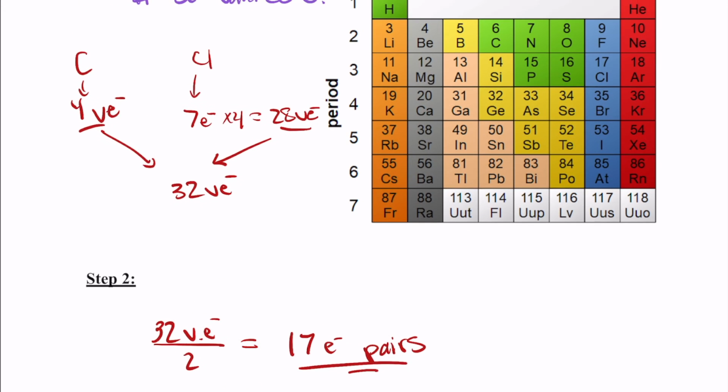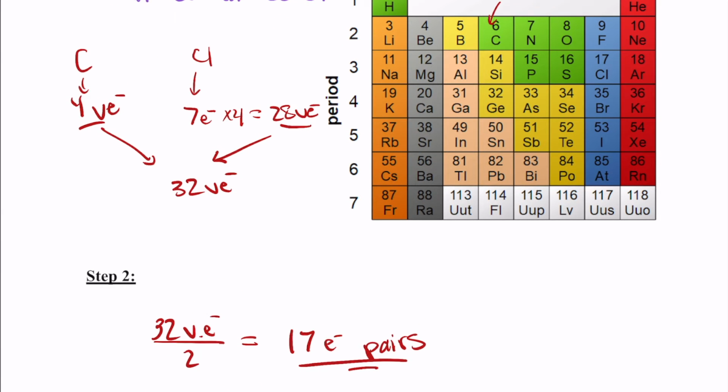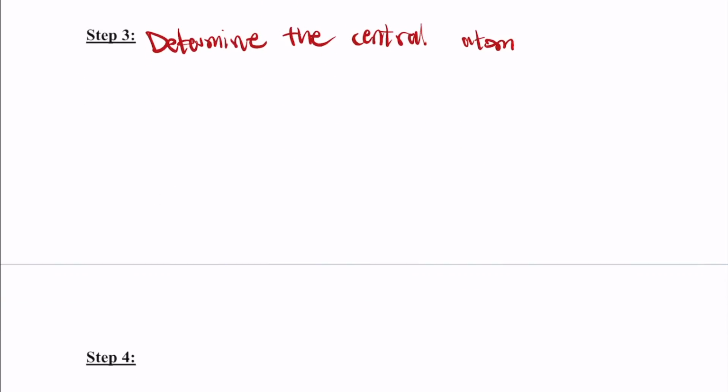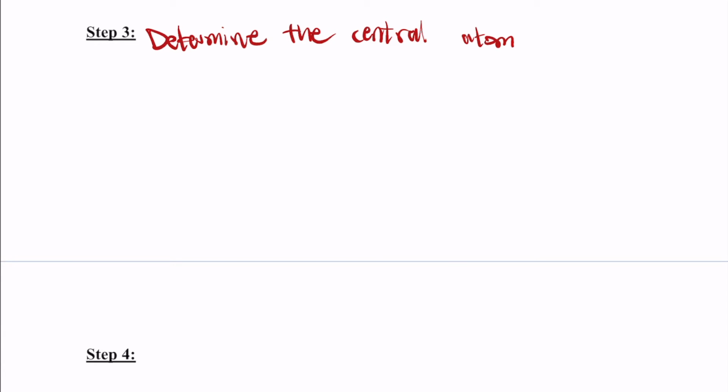Now here, the electronegativity of carbon, I know by memory, is 2.5, and chlorine is 3.0. So carbon is obviously the least electronegative one in the pair. So we know carbon will be in the center, and then there will be Cls surrounding that carbon.